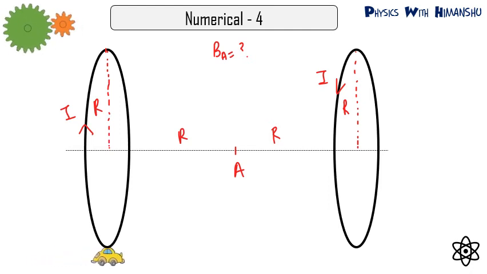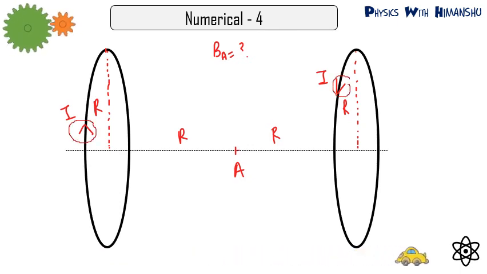Now in this question, everything is same except that the direction of current is reversed. So in this case also you have to find the magnetic field at this point. Please send it to me by solving it.